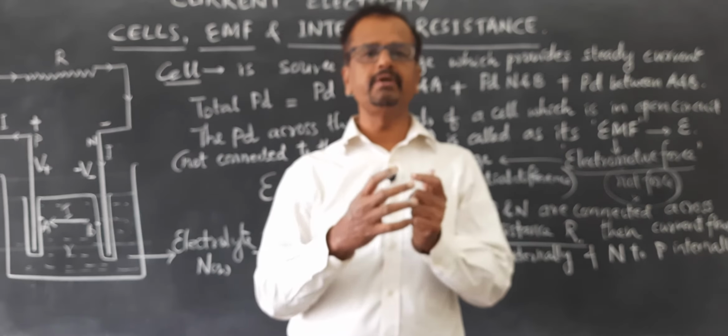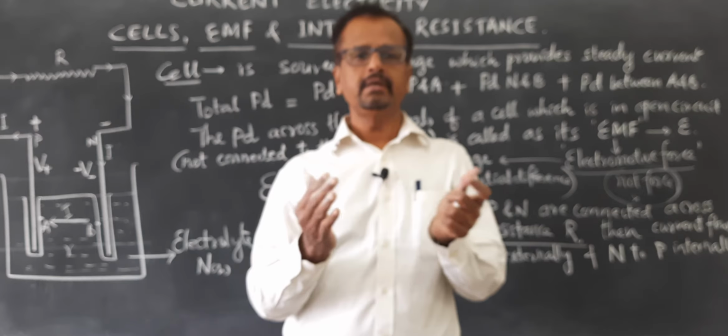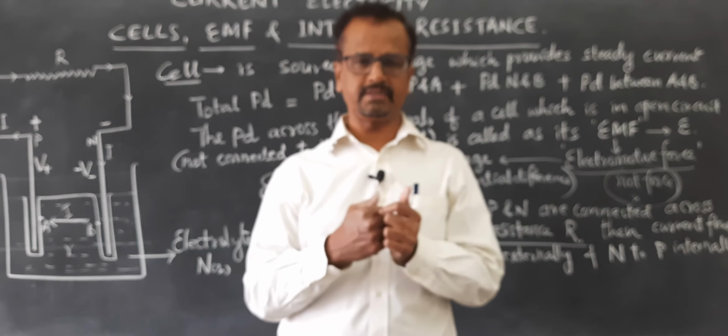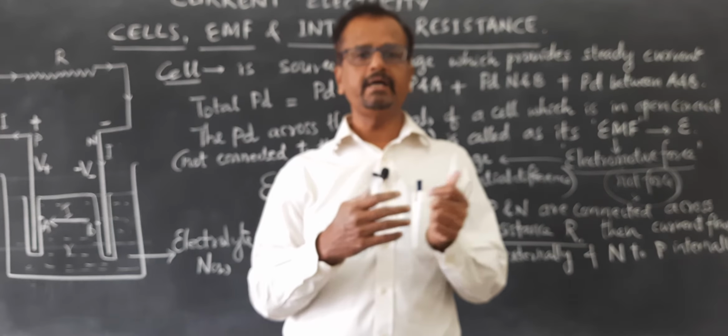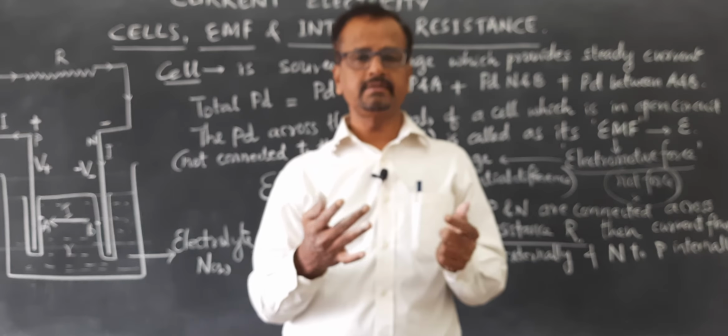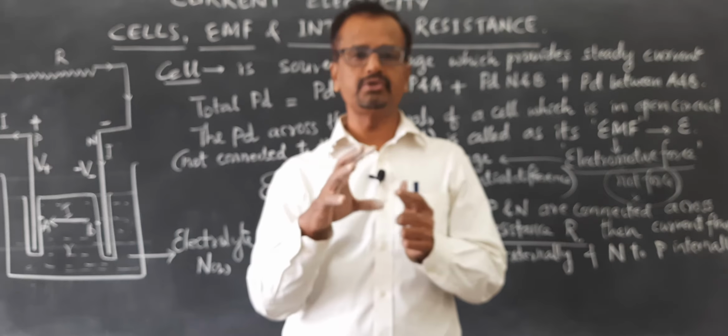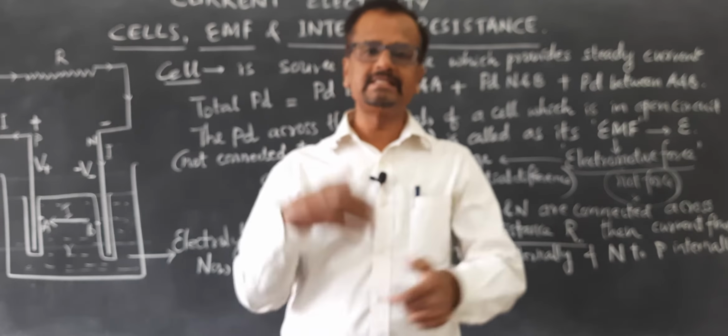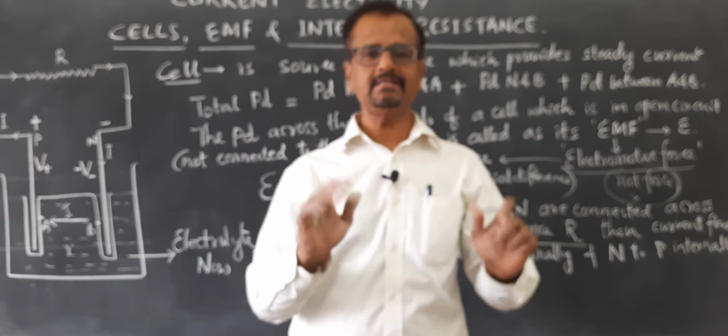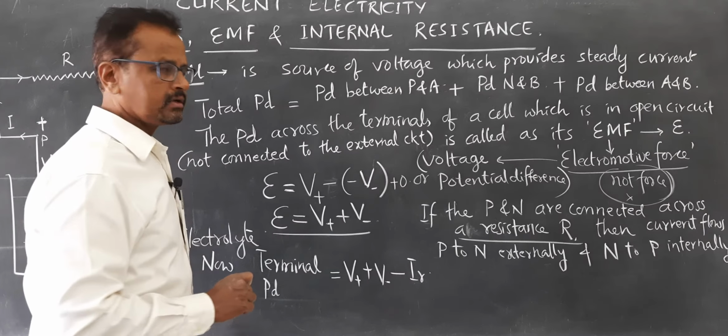When the ions are in movement, the ions may collide among themselves, right? As a result, there will be an internal resistance developed. So, opposition to the flow of charges inside the electrolyte is called internal resistance. That is denoted by small r.